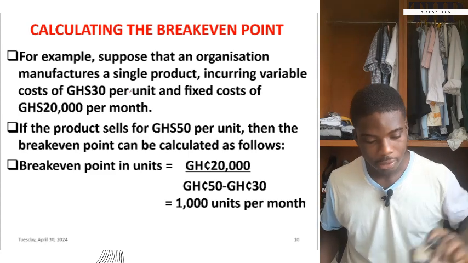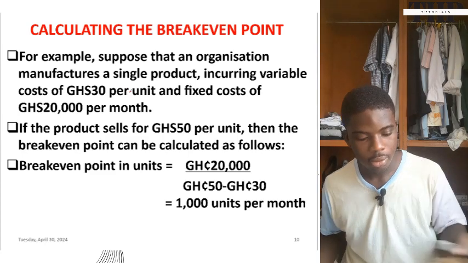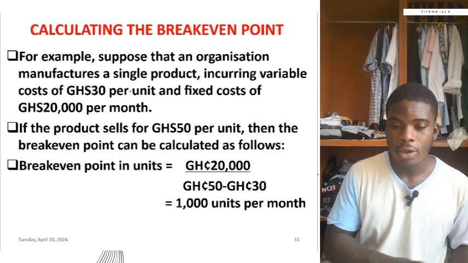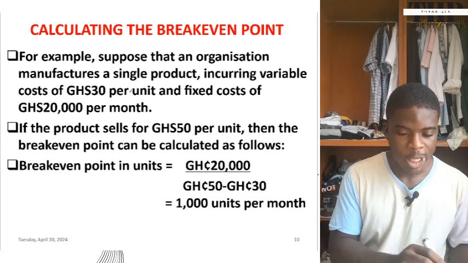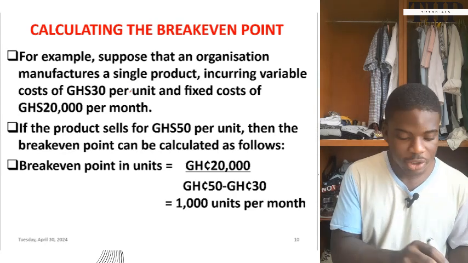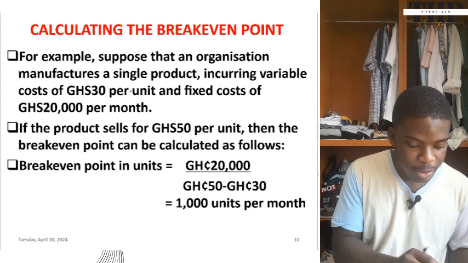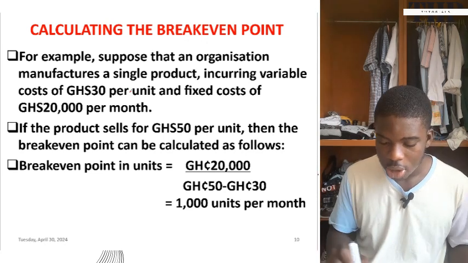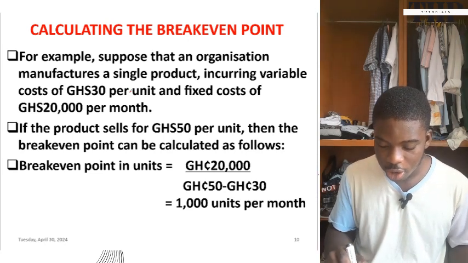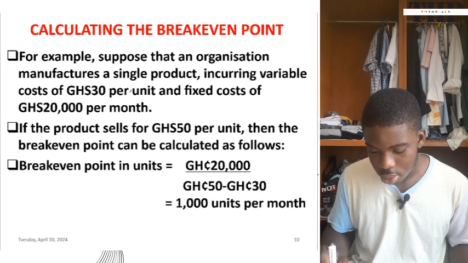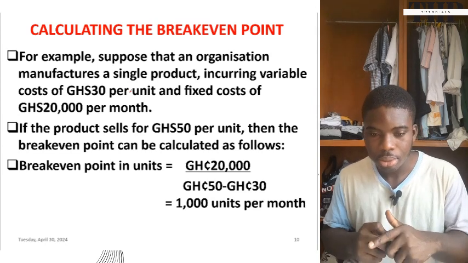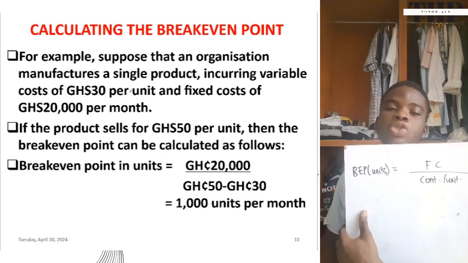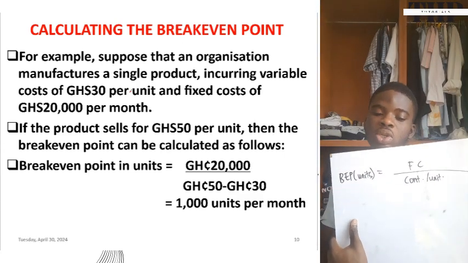We're looking for the break-even point in units, right? So we have BEP in units, which is the fixed cost over the contribution per unit. The fixed cost was already given in the question as 20,000.